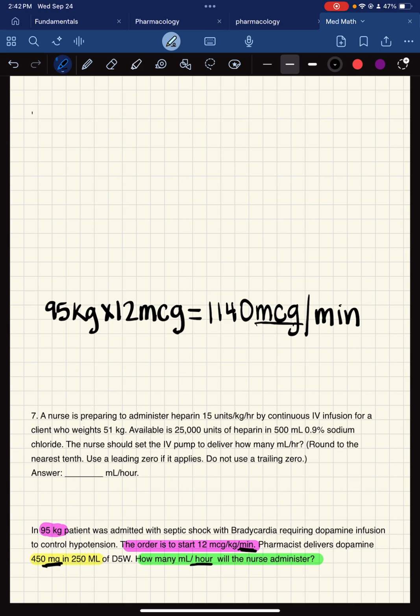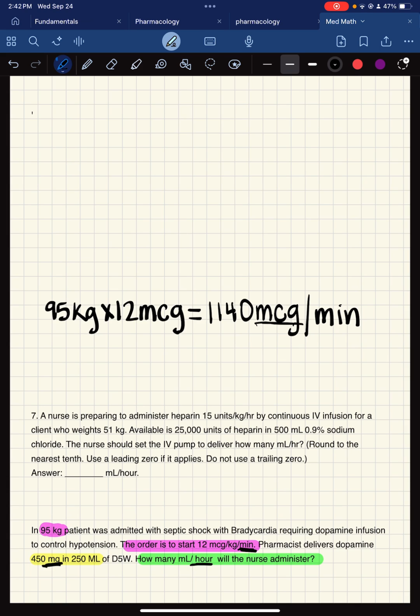Okay, so the first thing I like to do is convert this into milligrams. I always say that I like to convert the doctor's order rather than converting the medication that's on hand, because then I feel like that kind of messes up somewhere down the line. So I like to convert whatever the doctor orders instead of what's on hand or what the pharmacy delivers. Okay, so we're gonna change micrograms into milligrams, that way it can match.